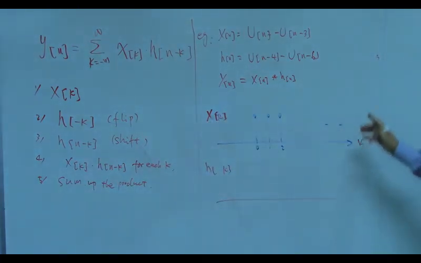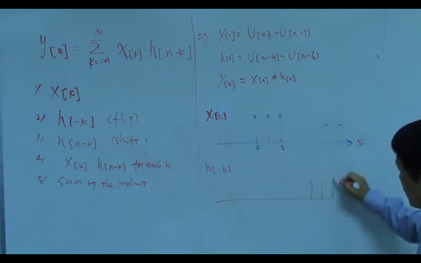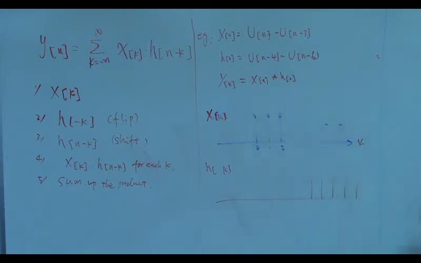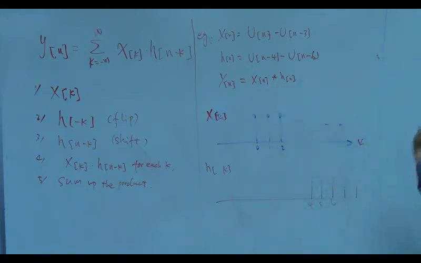Same method. u4 starts from 4, 5, 6, all this to the right. un minus 6 starts from 6 all the way to the right. So start from here, here, here, all the way to the right. We subtract these two. What we have left is only these two.